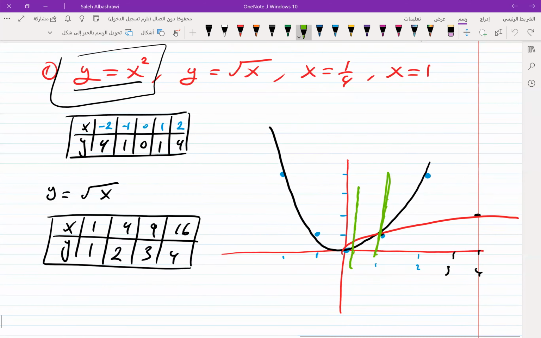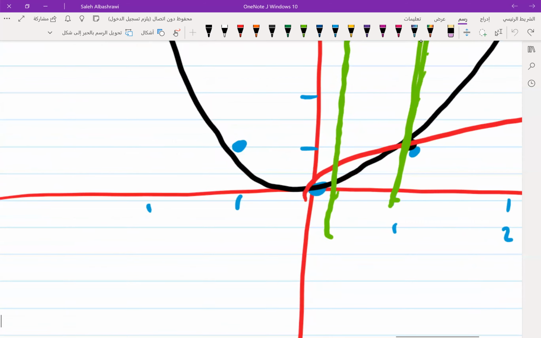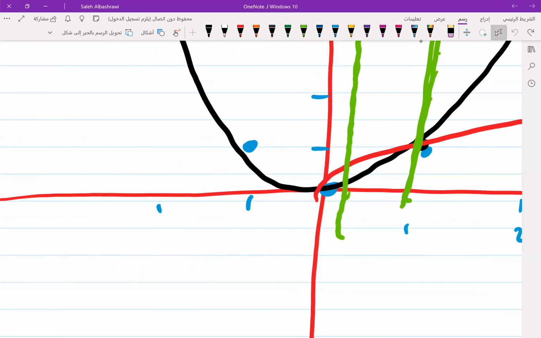I'm going to enlarge this area. So we need to find the area of this region between 1/4 and 1, and the upper function is y equals square root of x.